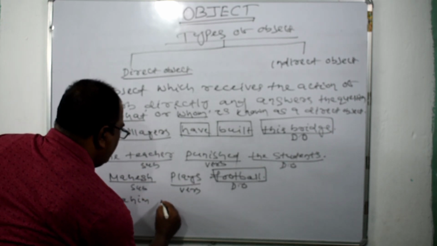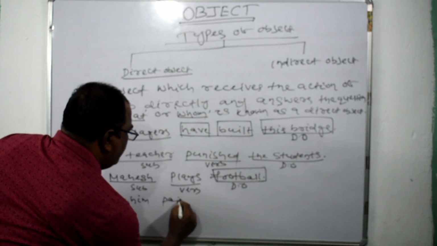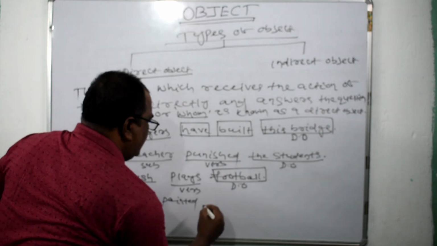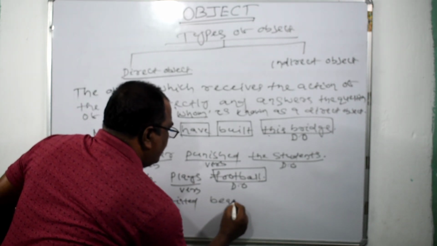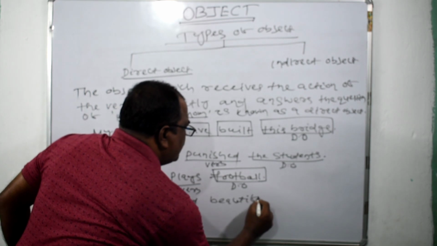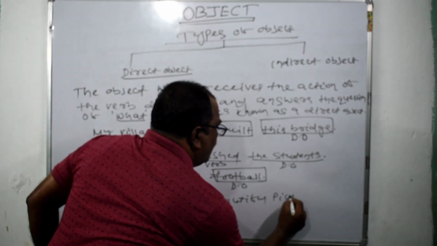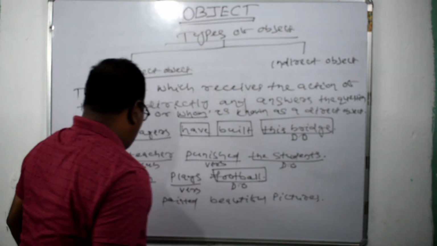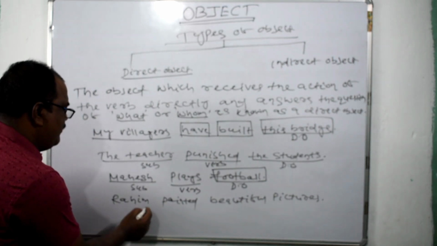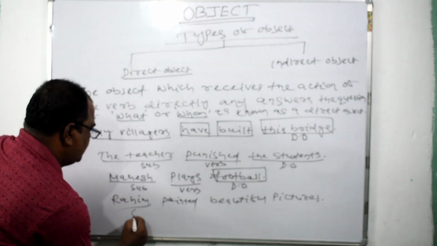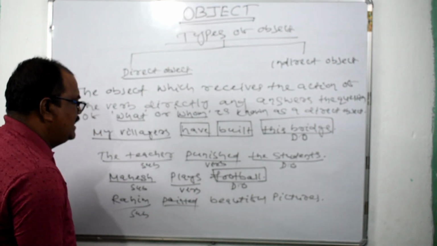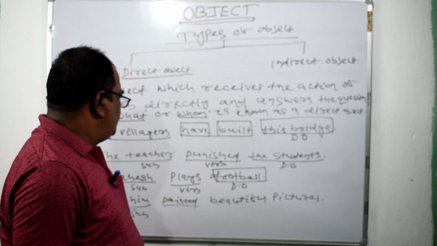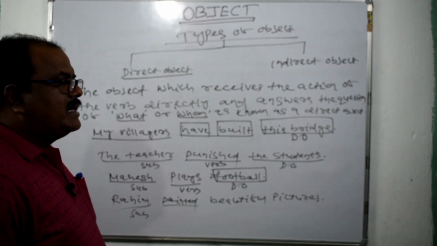Rahim painted beautiful pictures. Who painted? Rahim. Subject. Painted. It refers to an action.